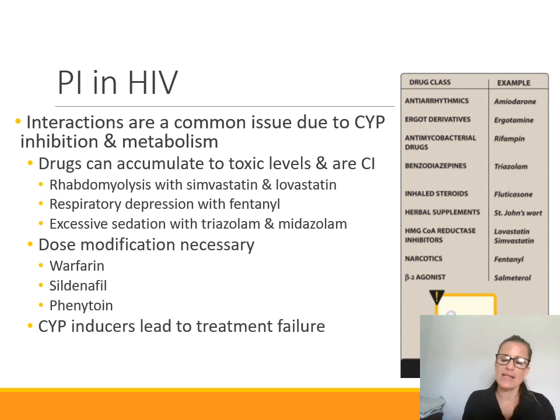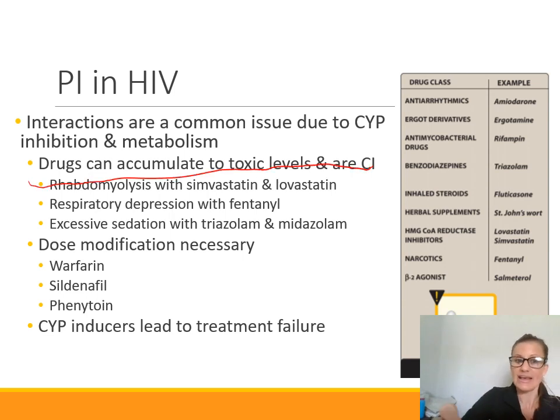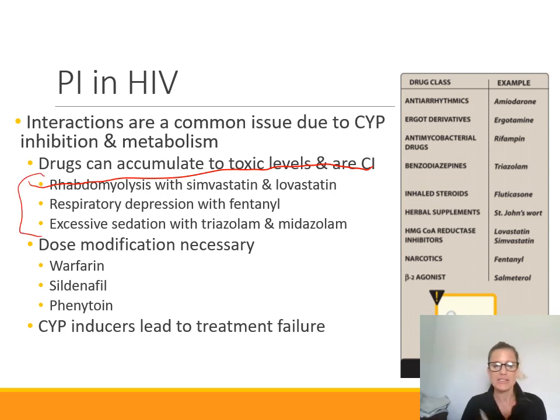Again, I told you guys that with protease inhibitors, drug interactions are very common, due to the fact that they're CYP inhibitors and because they're metabolized heavily by CYP enzymes. Drugs can accumulate to toxic levels if given with protease inhibitors and are contraindicated in specific situations.